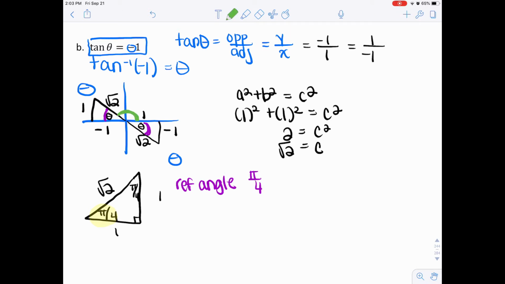Then to find the measure of the angle in quadrant 2, we can do pi minus pi over 4, which is 3 pi over 4.